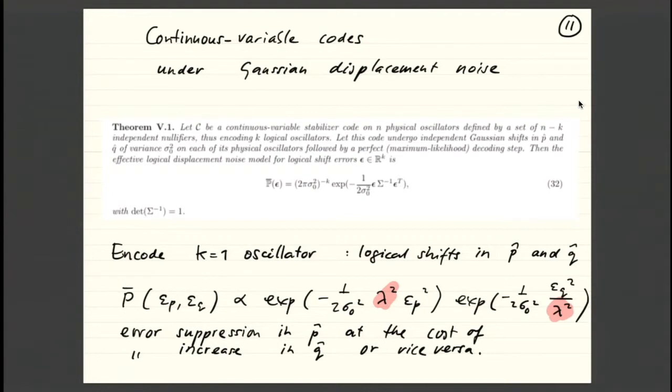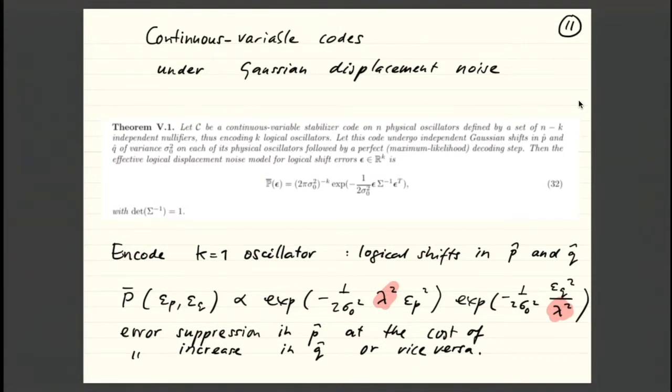Let this code undergo independent Gaussian shifts in P and Q of variance sigma 0 squared on each of the oscillators. So each of the oscillators undergoes this Gaussian shift channel with some variance sigma 0 squared. Then it's followed by some perfect decoding step.